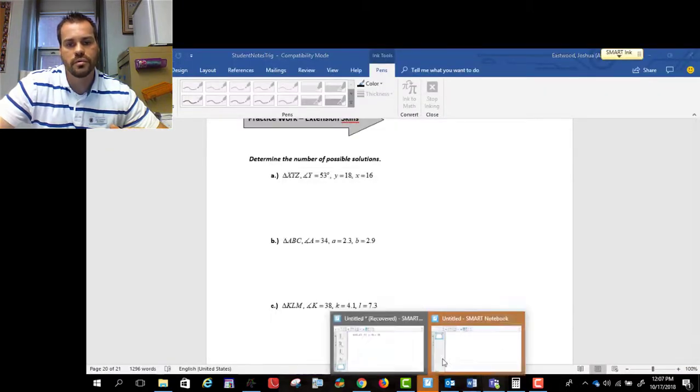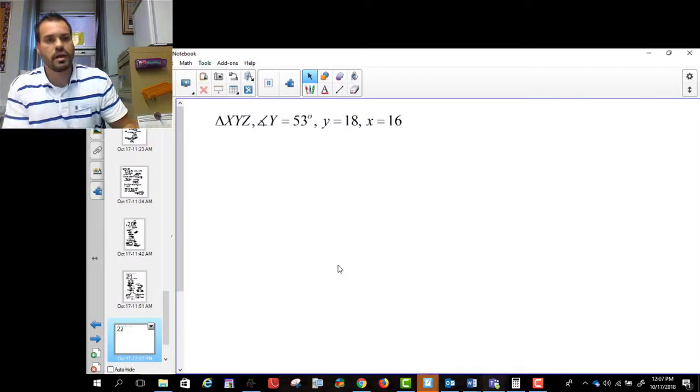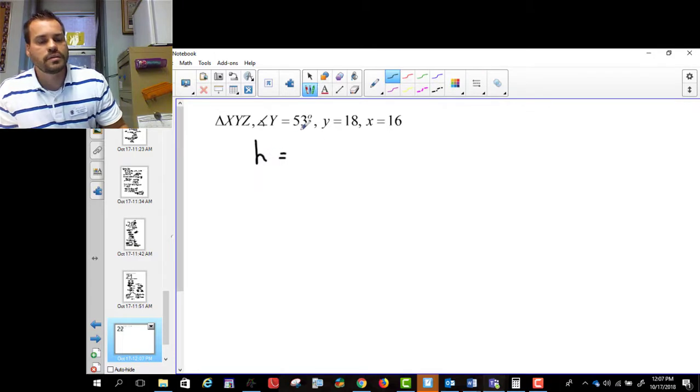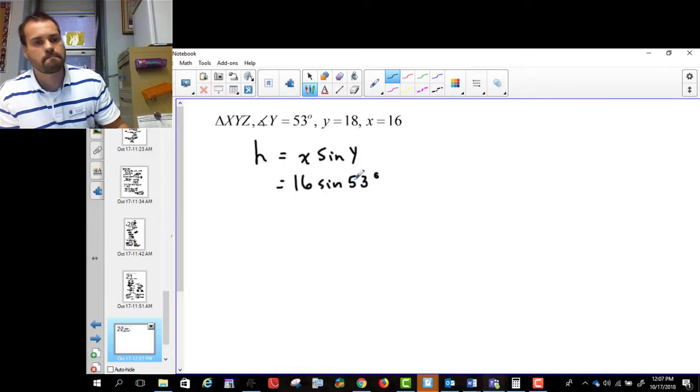So all I'm going to do is say that my H is, you remember, B sine A. In this case, it's X sine Y. It's just the angle that you're given and the other side. So we go 16 sine 53.